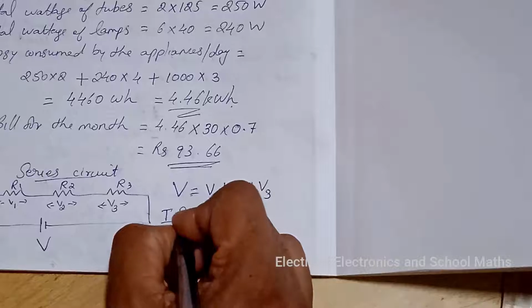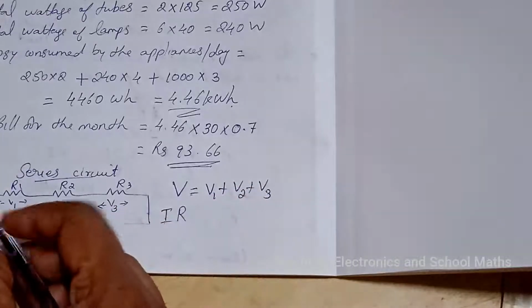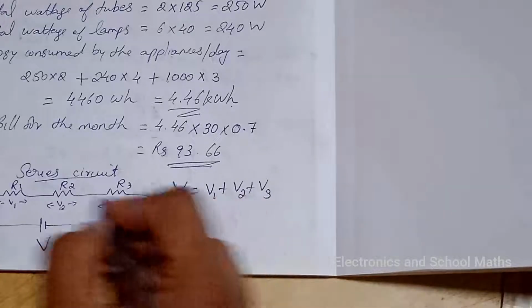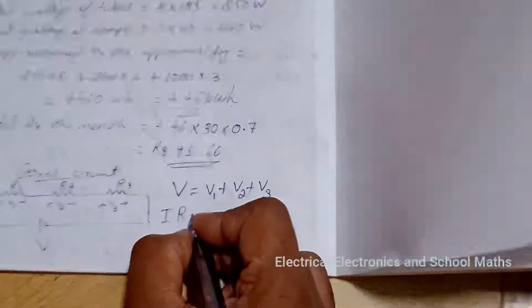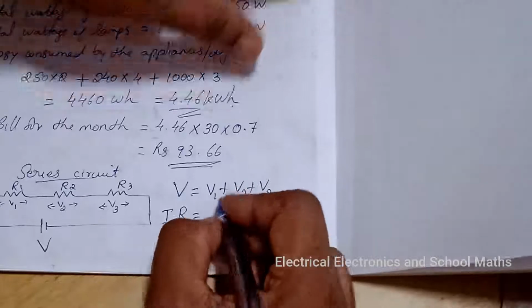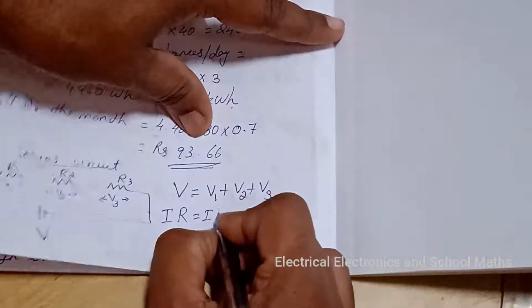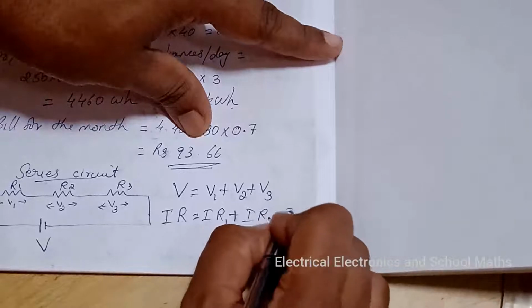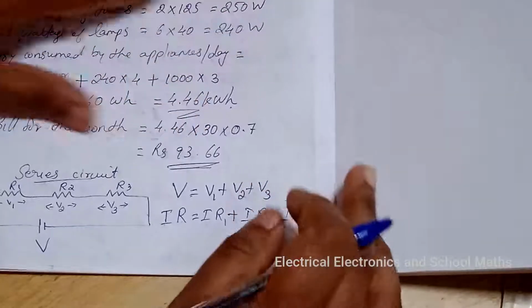Here the applied voltage V we can write as I into R, where I is the total current, that is the current flowing through each of the elements, and R is the total resistance, equal to I into R1 plus I into R2 plus I into R3.